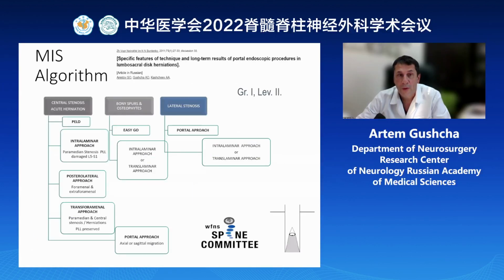So we also published our minimally invasive spine decompression algorithm in a different paper. Depending on the anatomical structure, central stenosis or lateral stenosis, a procedure like percutaneous endoscopic lumbar discectomy or decompression could be done via an intralaminar approach, via a posterolateral approach, or transforaminally.